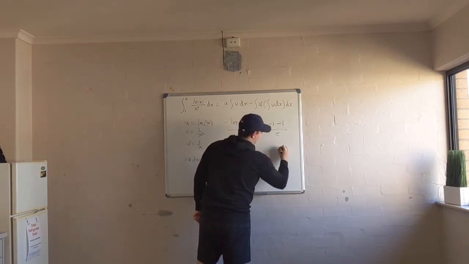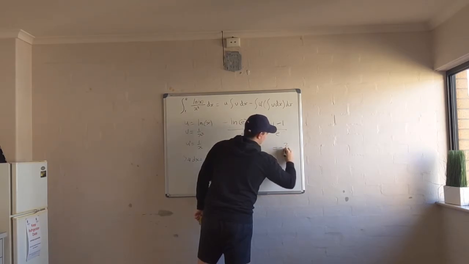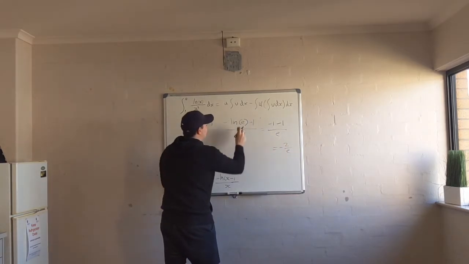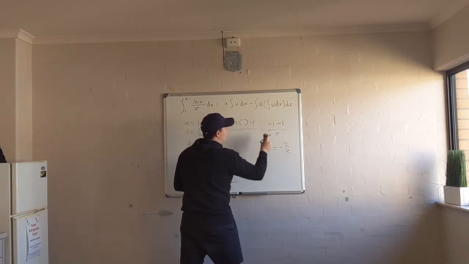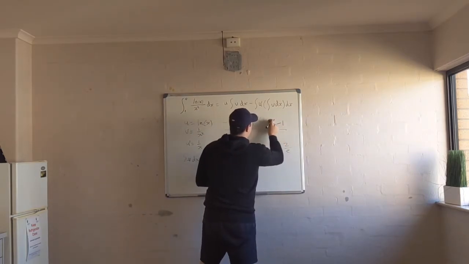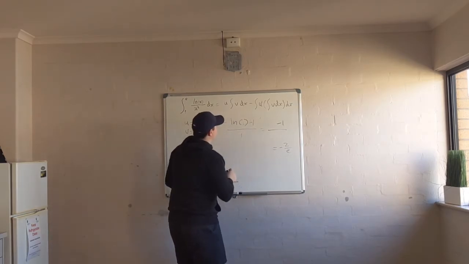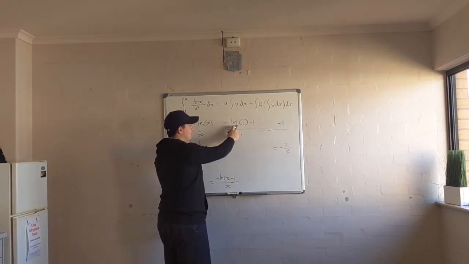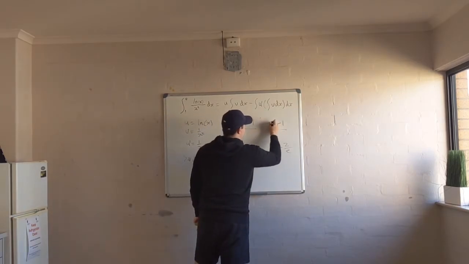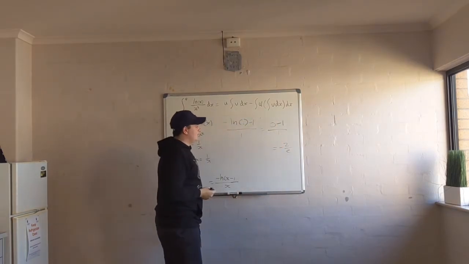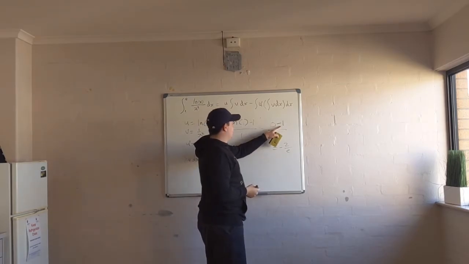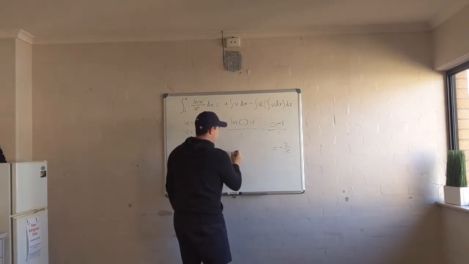So the answer is negative 2 over e. Now we just need to sub in 1. So that means we've got natural log of 1, which is 0. So we've got negative 0, which is 0 over 1, which means this simplifies to negative 1.